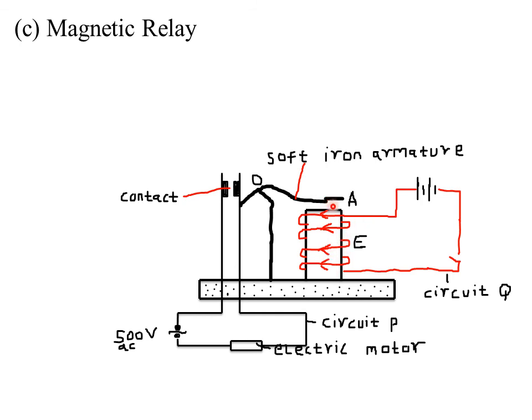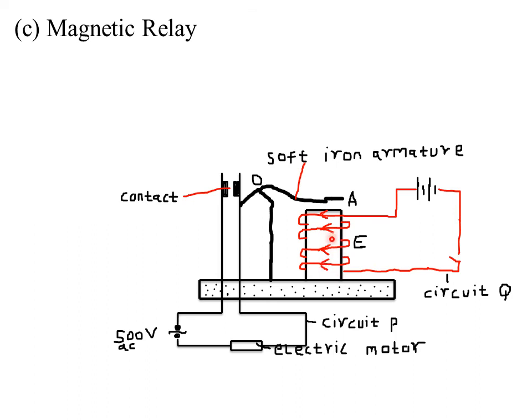So in summary, when circuit Q is closed, the current is flowing through this particular solenoid. When the current is flowing through the solenoid, the soft iron E gets magnetized.